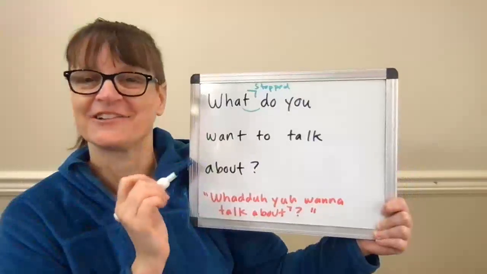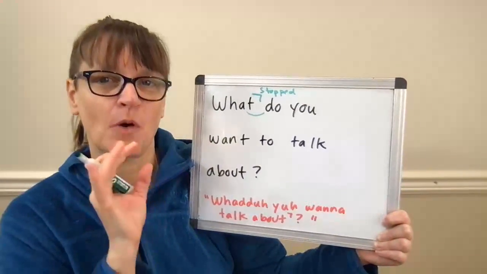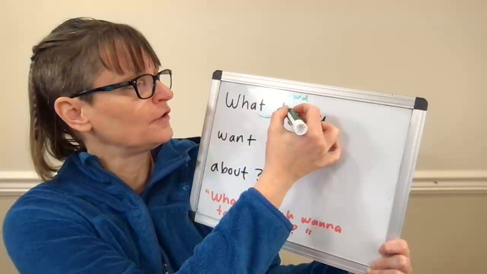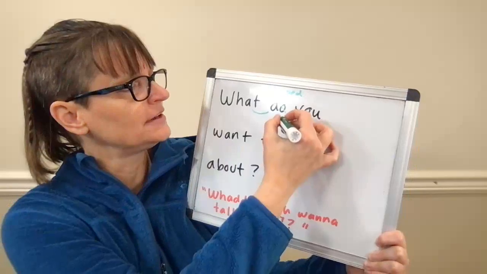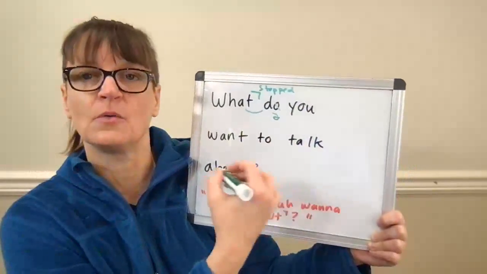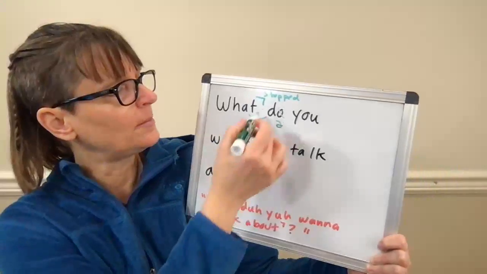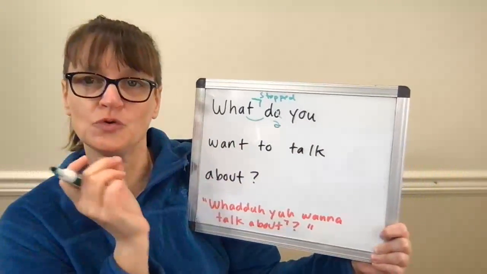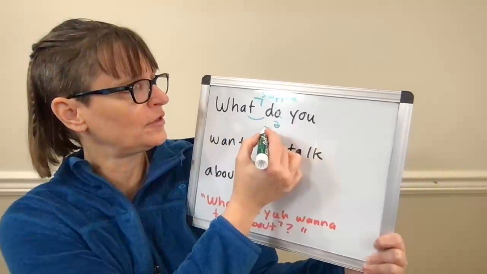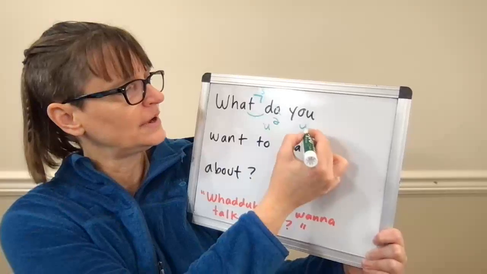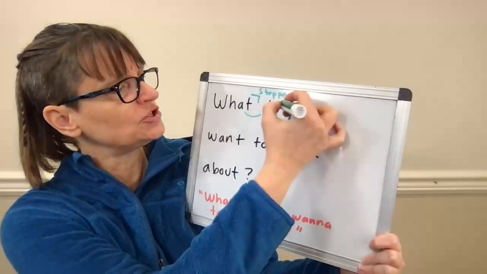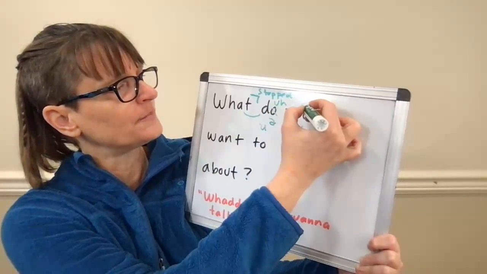However, it doesn't actually sound like "what do," because I'm going to reduce this vowel for the oo, and it's going to sound like a schwa. "What are ya?" So the oo sound in both "do" and "you" is going to change to a schwa.